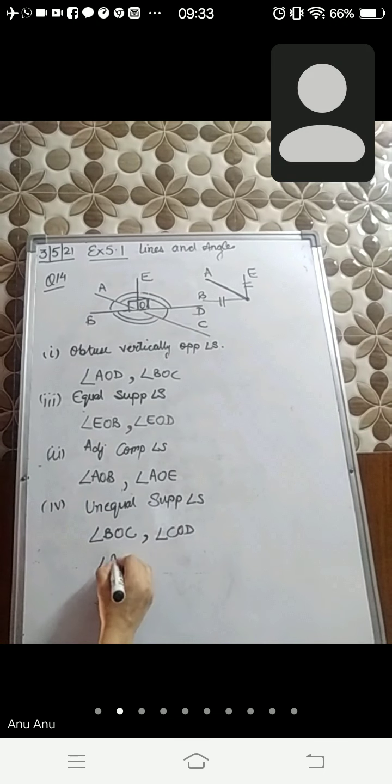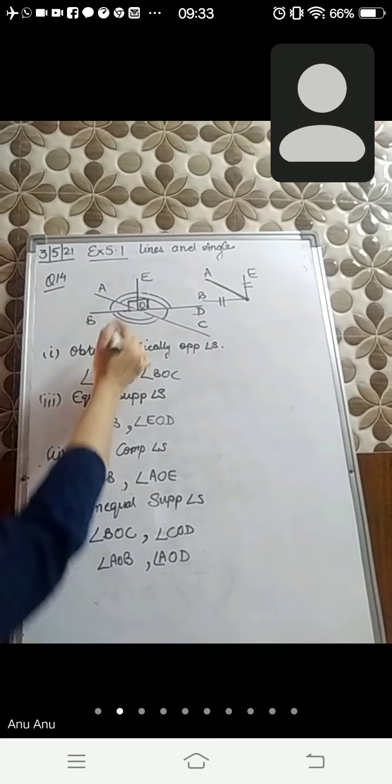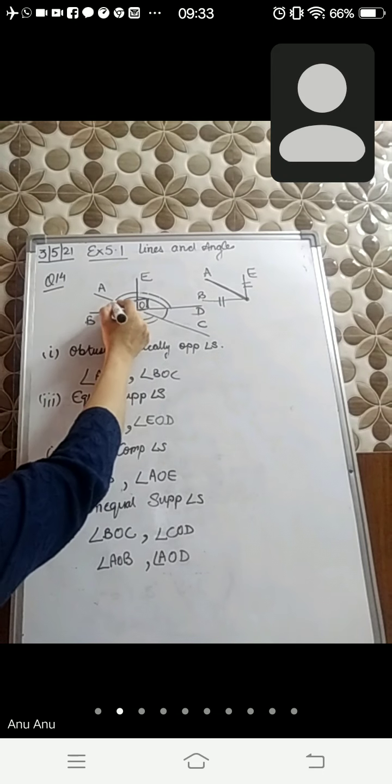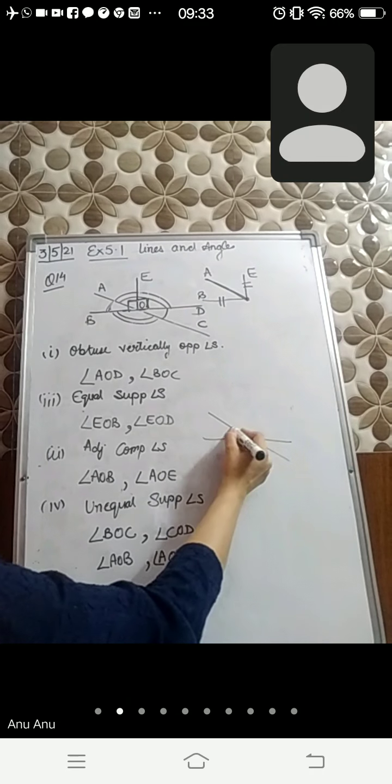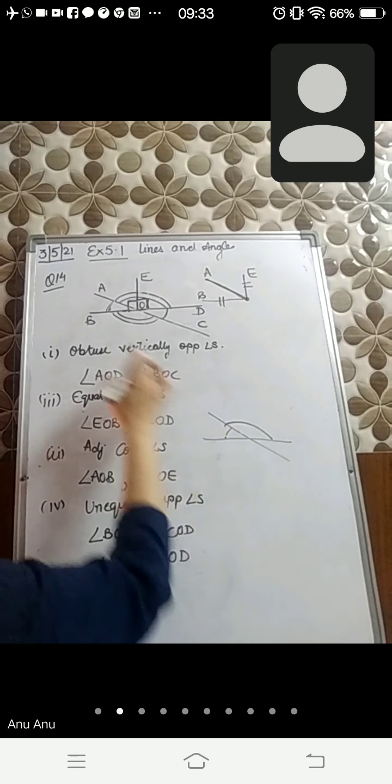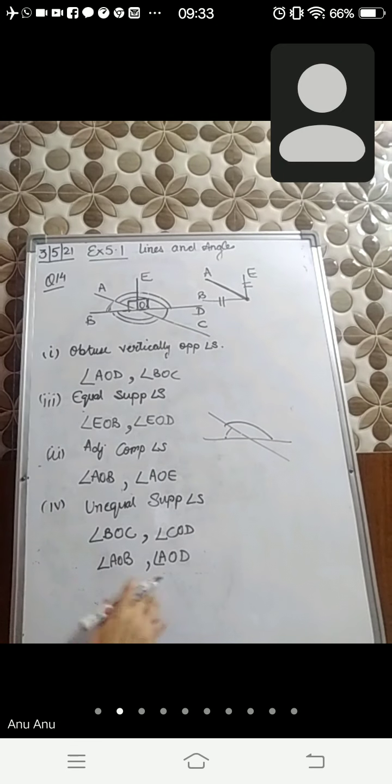Next pair is AOB and AOD. चेक कर सकते हो इनका, ये दोनों का सम 180 है. ये छोटे वाला एंगल और ये बड़े वाला एंगल दोनों मिला के क्या बनाते हैं? 180. ये लिख दिया मैंने. और भी बन रहे हैं, बता सकता है कोई?